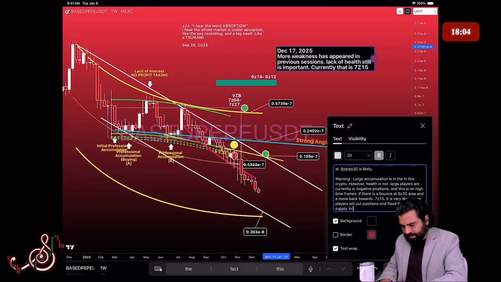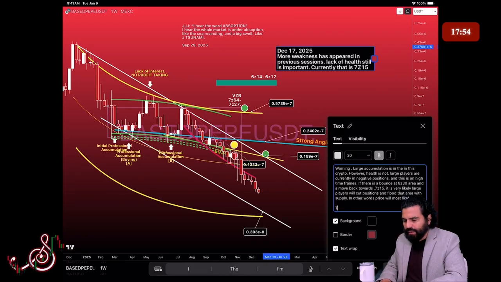In other words, price will most likely reject at that area. And I'll draw arrows for you guys. This is very dangerous if it stays long at that area.